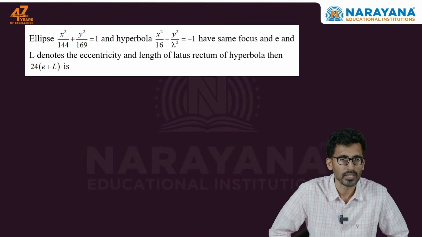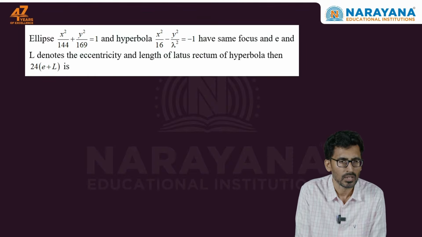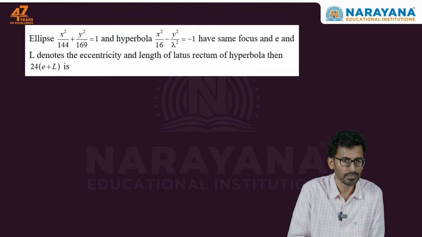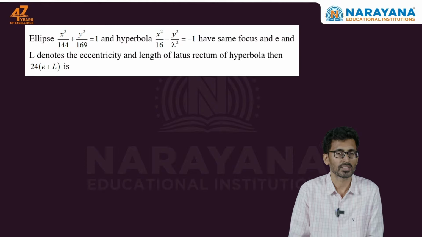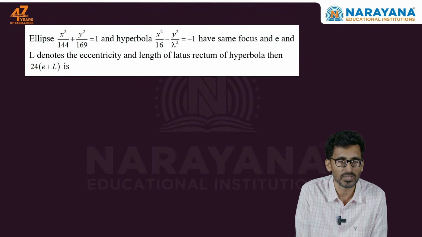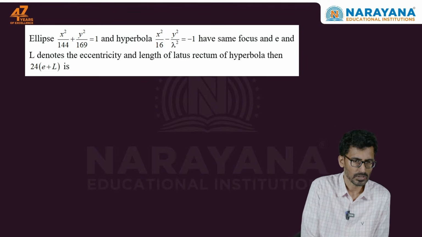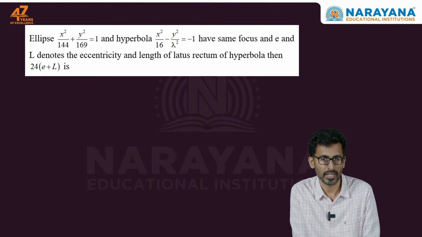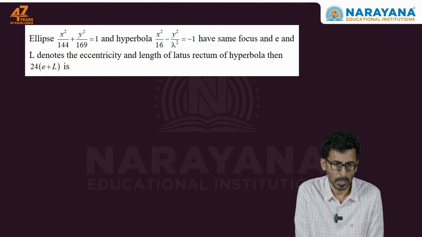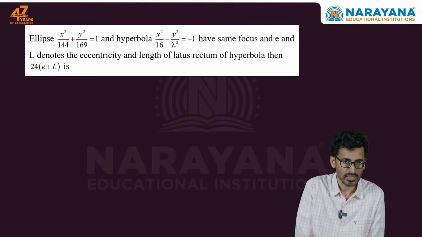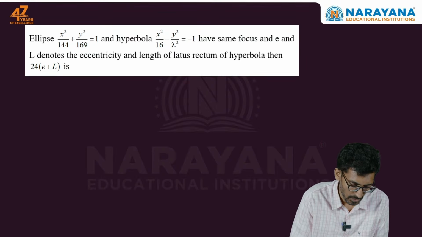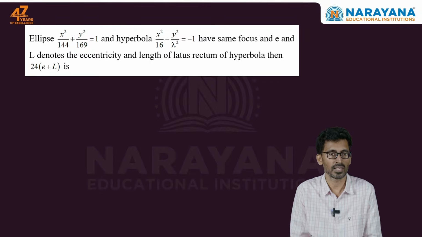Hi everyone, here we have a question on conics, on ellipse and hyperbola. The ellipse equation is x square by 144 plus y square by 169 is equal to 1. Here b is greater than a, so the major axis is the y-axis. First I will find the eccentricity of this ellipse.